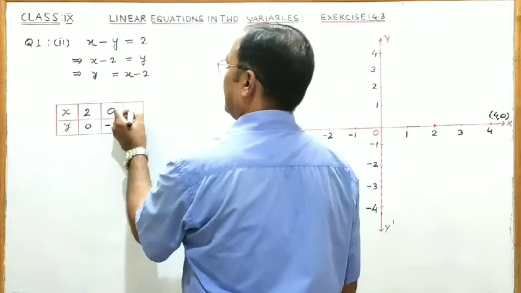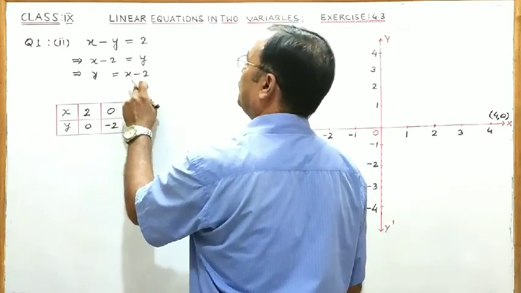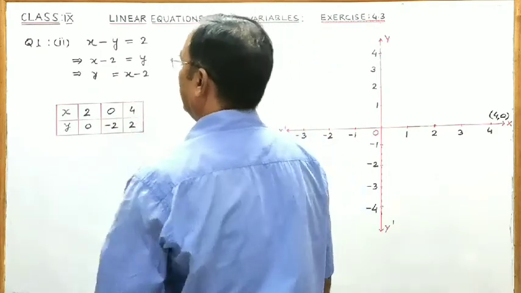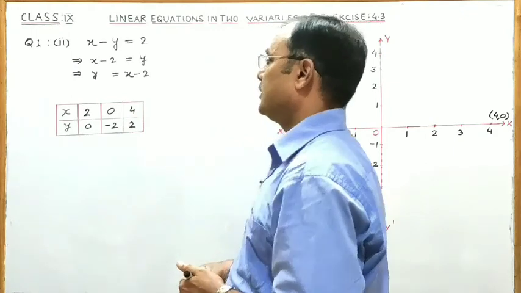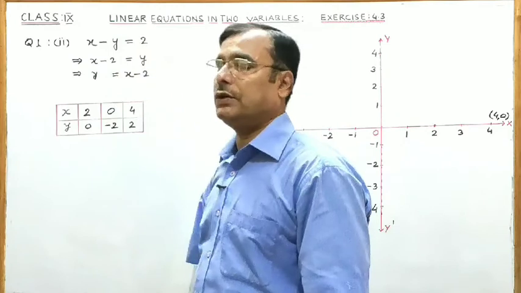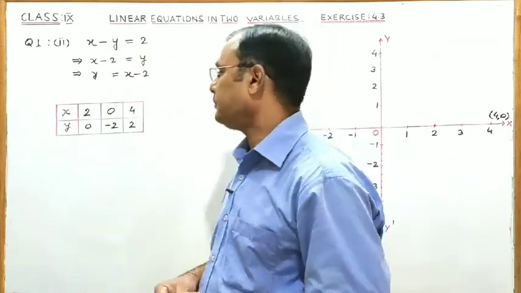If you put x equal to 4, so y is equal to 4 minus 2, that is 2. So this way we have written three solutions of this given linear equation x minus y equal to 2, whose graph we have to draw.